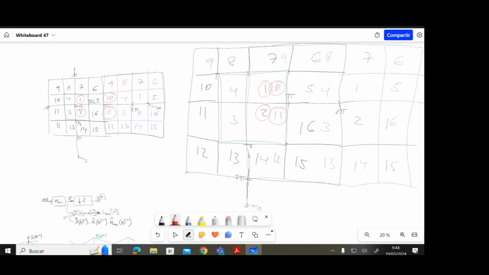One is from the central copy that has expanded. The other one is from the right copy that has expanded to the left. And now we have the addition of the two. And here you see the aliasing. This is aliasing with the right copy.